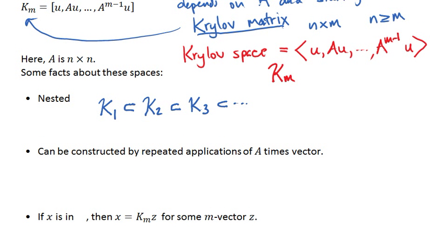So if you think in terms of span, from the standpoint of K3, K1 is the Krylov space where we would take c1 times u plus 0 times Au plus 0 times A squared u. So that's certainly, every element of K1 is also an element of K3. But then there are elements of K3 that aren't in K1. So it's this growing nested sequence of spaces.